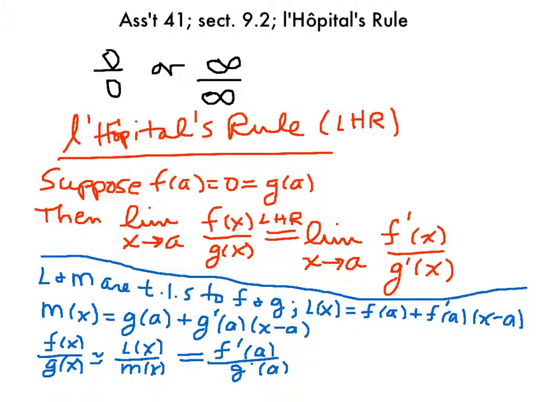Now let's remember that f of a and g of a are 0, and so if I look at the quotient of L of x over M of x, these are 0, f of a and g of a. The x minus a's cancel, and all I get is f prime of a over g prime of a. And that's basically the reason why L'Hopital's rule works. Okay, back to examples.